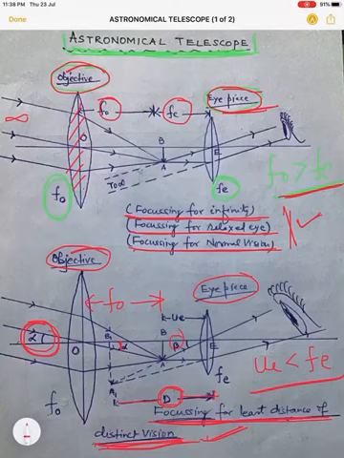Now beta is the angle subtended by the image A1B1 at the eyepiece. So from the triangle ABE we can write tan beta is equal to AB upon EB. So tan alpha is AB upon OB, tan beta is AB upon EB. This we will use in the magnification expression.